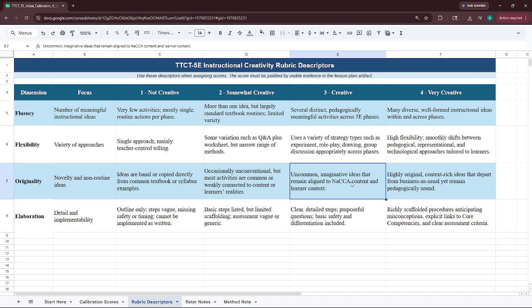As for uncommon imaginative ideas aligned, here it wasn't consistent throughout the phases, so it doesn't fit this area. And then highly original, context-rich ideas that depart from business as usual: it doesn't fit any of these areas, right?